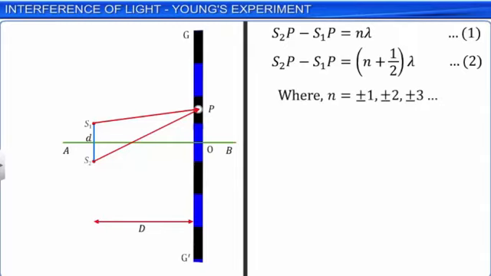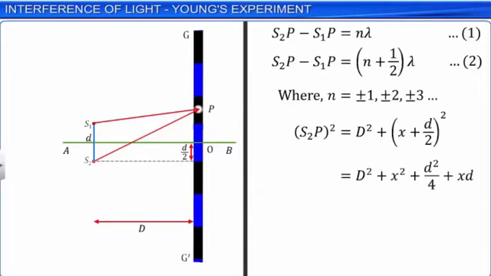From the diagram, as shown, we can write that S2P squared is equal to D squared plus (x plus d by 2) whole squared. This is equal to D squared plus x squared plus d squared by 4 plus xd.